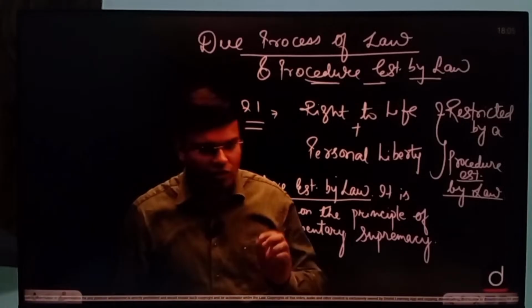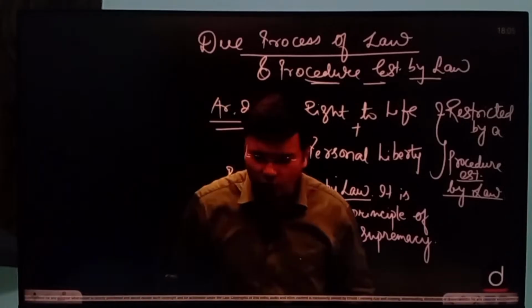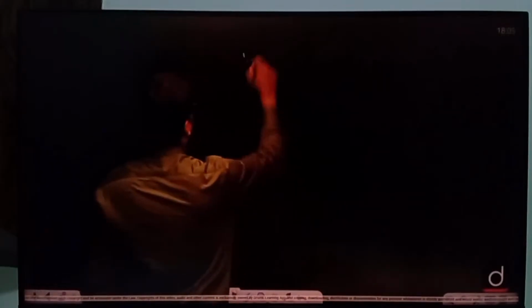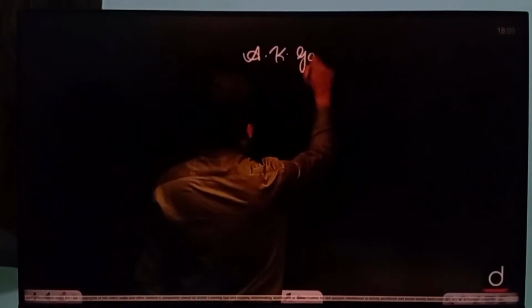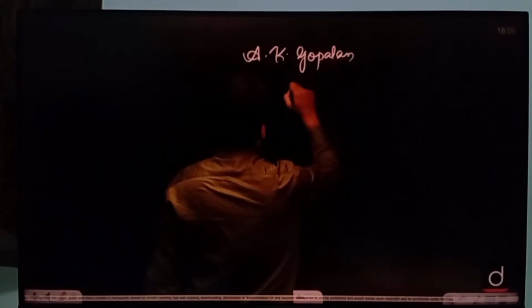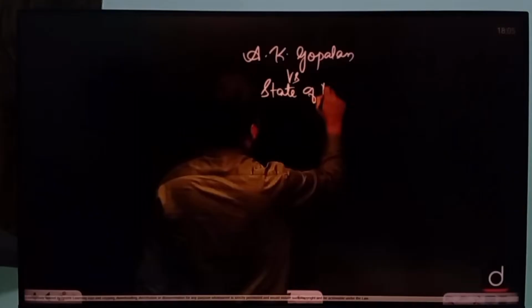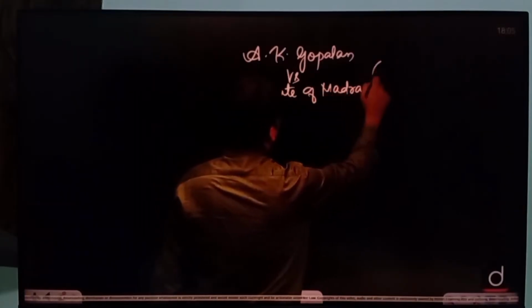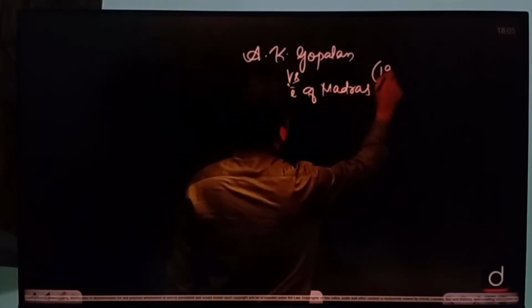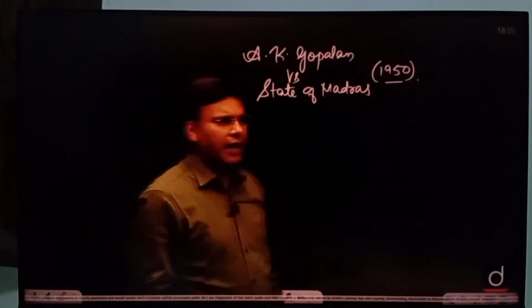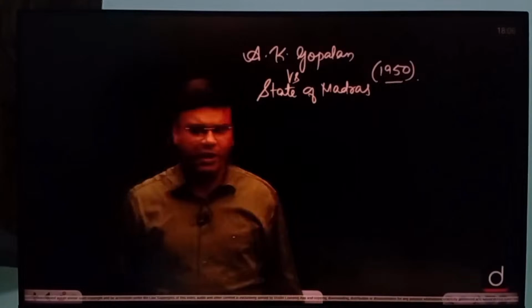Such a case went very soon to the court, which was A.K. Gopalan versus State of Madras. That is a 1950 case. I had given you a brief on this case yesterday while I ended the class: he is a political person.